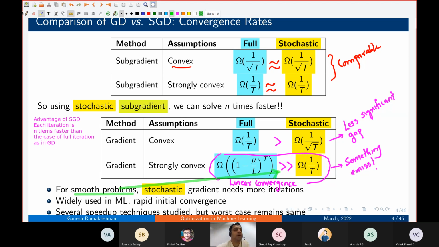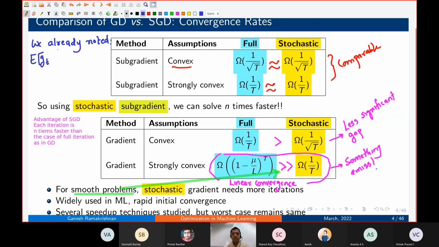We already pointed out that the stochastic gradient descent will have an unbiased estimate of the gradient. So what did we note? That the expectation of the gradient.